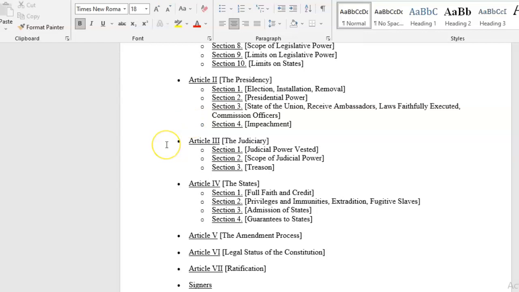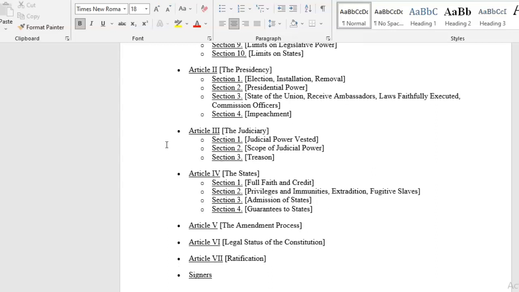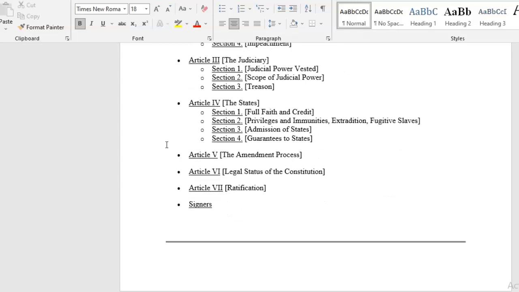Article 3 deals with the judiciary. There are 3 sections to Article 3. So you have the judicial power vested, you have the scope of the judicial power, and you have treason. Article 4 is about the states. It has 4 sections. Section 1 is full faith and credit.